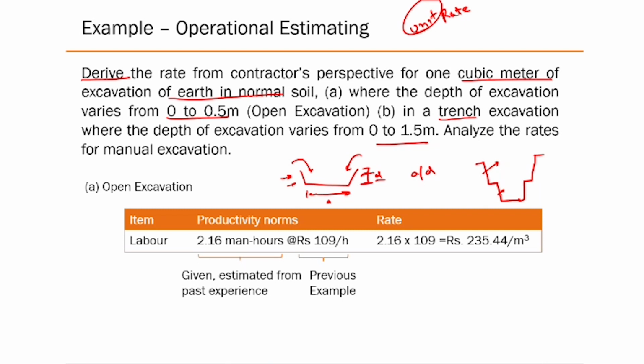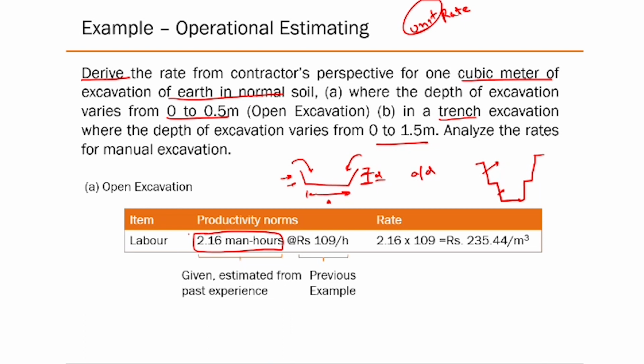So essentially what you need is, per cubic meter, how much man hour is required. If you can estimate that, you have already estimated the labor cost in terms of per man hour. So all you need to do is multiply by the per man hour cost, and by how much quantity a labor can excavate in 1 unit of working hour. That is all you need to estimate. This kind of estimate you can typically find from your finance team, because they have been collecting this data from past issues.